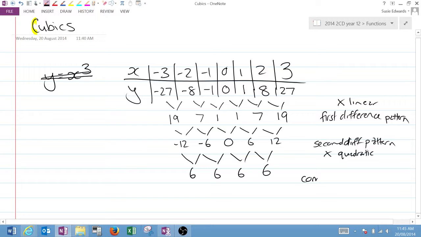We have a common third difference pattern. And that means, yes, it's cubic. And that works every time for every cubic. Same with quadratics, that second line will always be the same. For linear, the first line will always be the same.